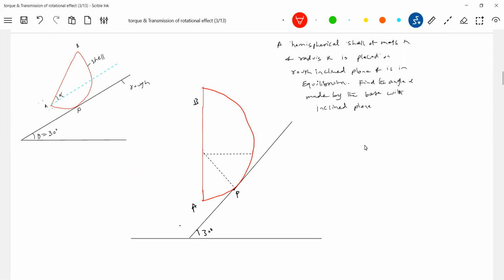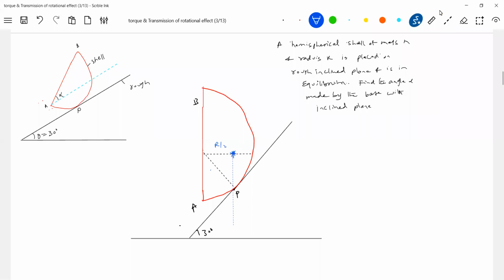So this is where the center of mass should come, at r by 2, and how will it act? It will act vertically down. The weight mg will act vertically down.